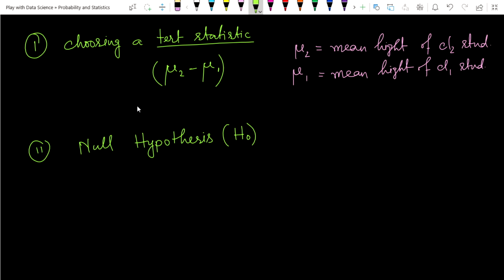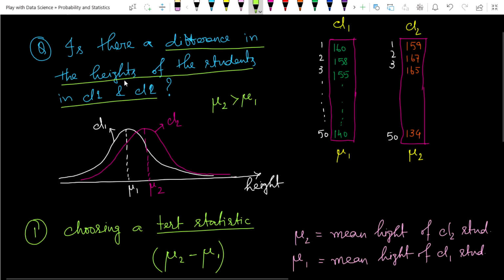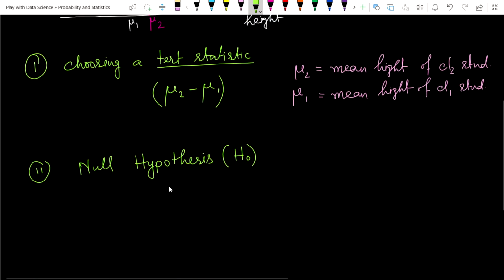We want to compare two different classes or two different things, and if there are no differences, that is called the null hypothesis.